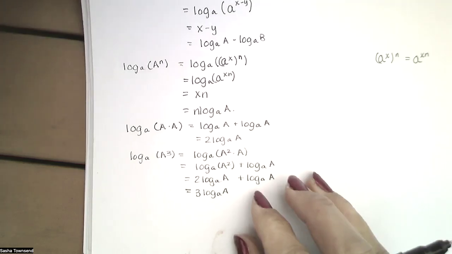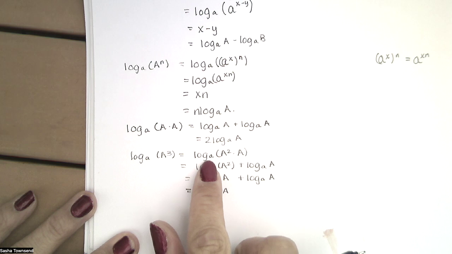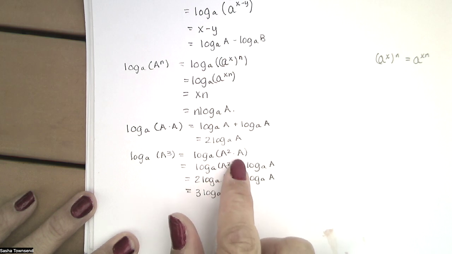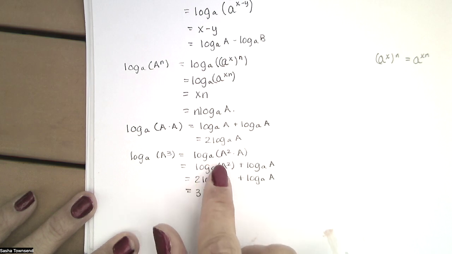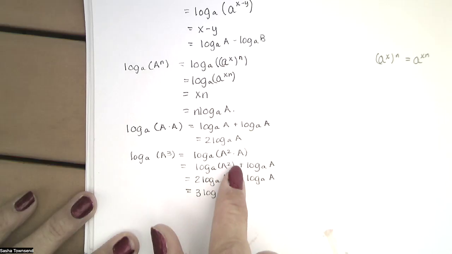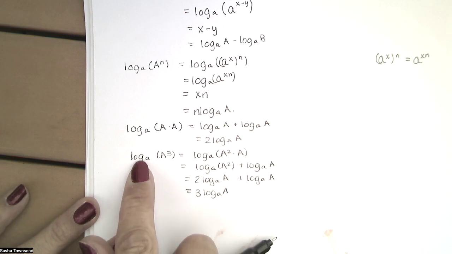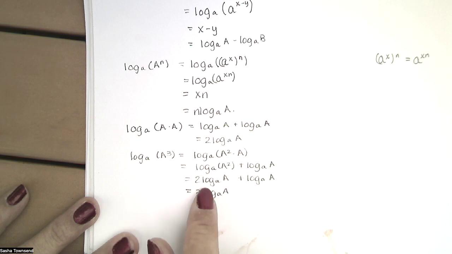So if we continue in this way, if I've got log of A to the 5th, well, I could write that as log base a of A to the 4th times an extra A. So I'd have log base a of A to the 4th plus log base a of A. And then you'd say, well, what was log base a of A to the 4th? Well, I'm pretty sure it's just going to be 4 times log base a of A.